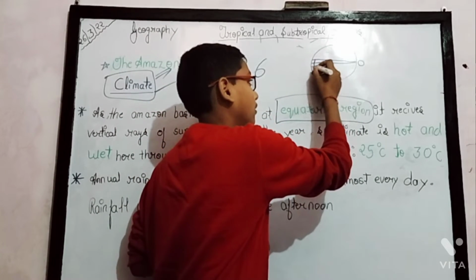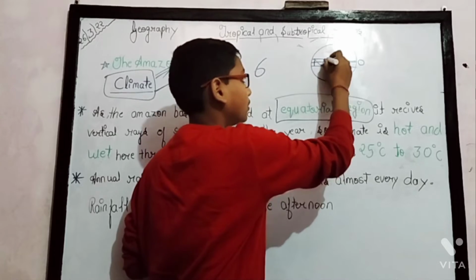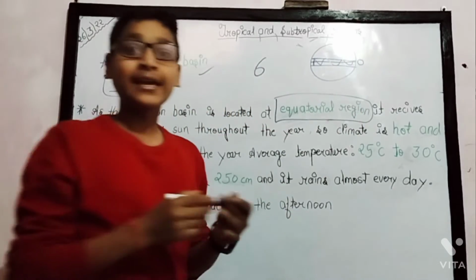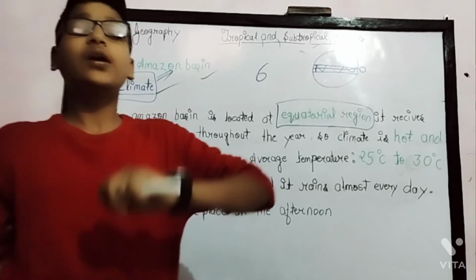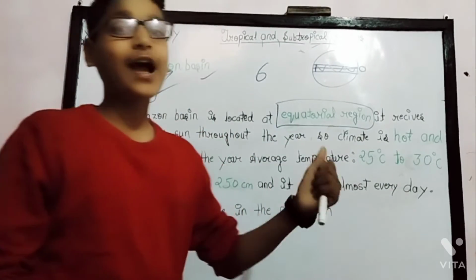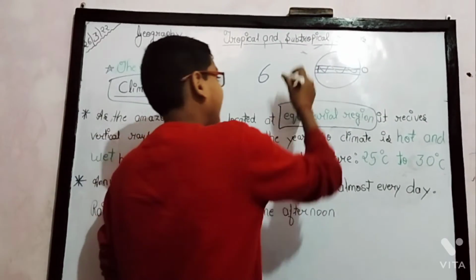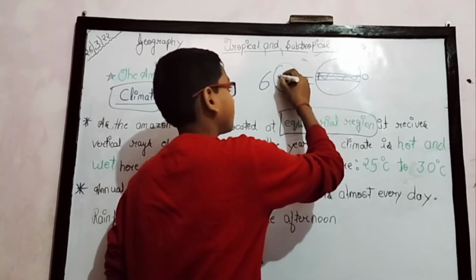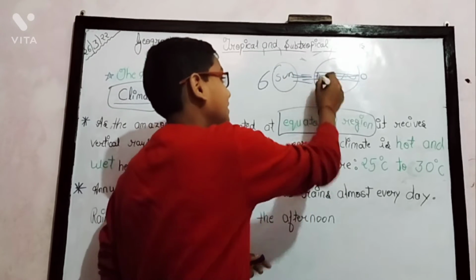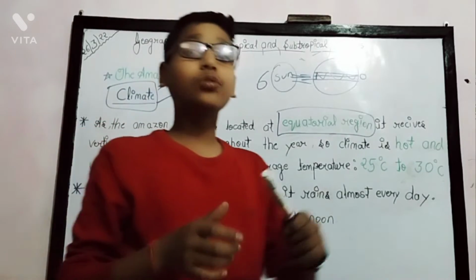This region, 5 to 10 degrees above and below the equator, we call the equatorial region. Why do we call it that? Because it gets direct sun rays. This region gets direct sun rays, so it is very hot.